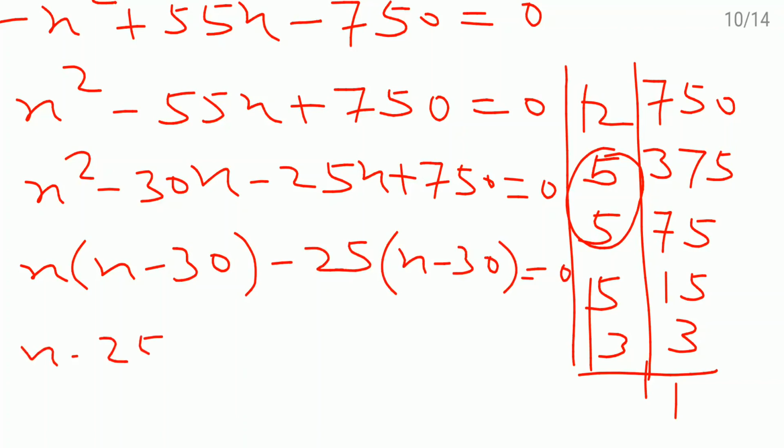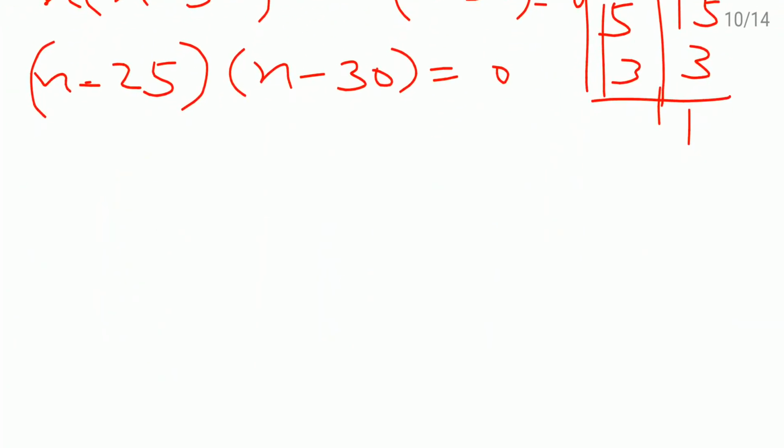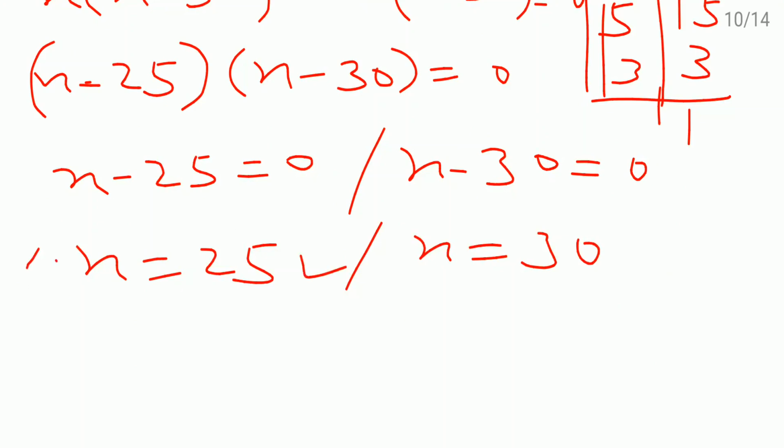So x minus 25 and here x minus 30, which is equal to 0. Now I'll compare each bracket with 0. X minus 25 equal to 0 and x minus 30, which is equal to 0. So x is equal to 25 and x is equal to 30. See here, once again both the values are positive. That means both the values are valid.